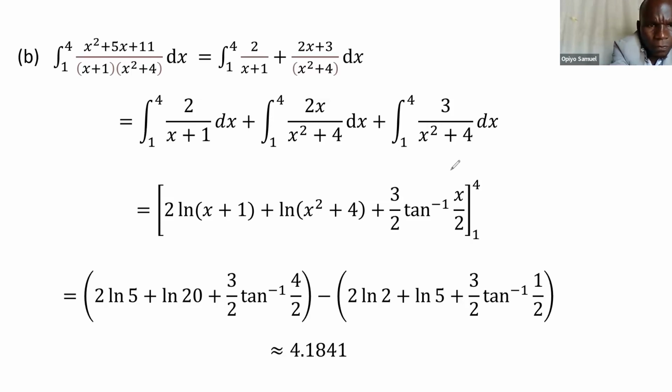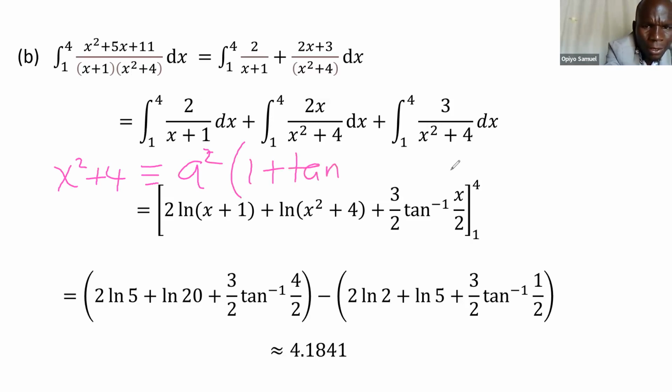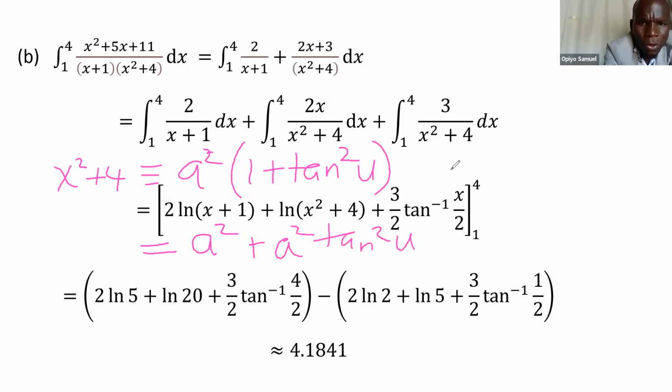So to work on that part, we first let x squared plus 4 be equivalent to a squared into 1 plus tan squared u. So when we expand this side, we shall have a squared plus a squared tan squared u.